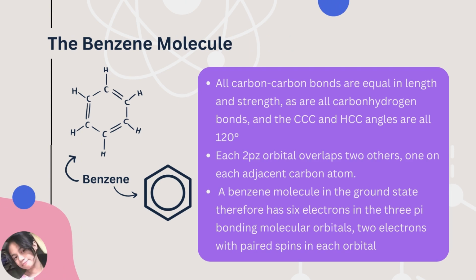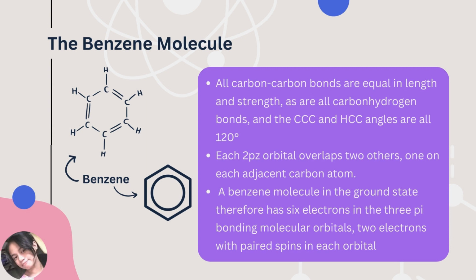Benzene is a C6H6 planar hexagonal molecule with the carbon atoms situated at the six corners. All the carbon-to-carbon bonds are equal in length and strength. All the carbon-hydrogen bonds, and the CCC and HCC angles, are all 120 degrees. Therefore, each carbon atom is sp2 hybridized. It forms three sigma bonds with two adjacent carbon atoms and a hydrogen atom.